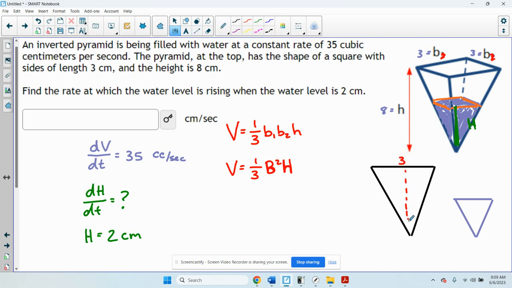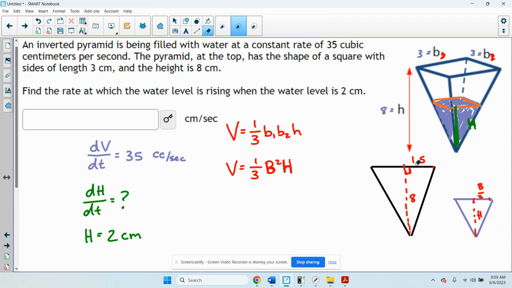It's not really perfect. And the height of it is 8, which means that the distance between the center and the edge is 1.5. I'm going to use this right triangle to come up with a relationship between the values of capital B, capital H, and these numbers. So if I look at the small pyramid, the height here is our H, and the distance from here to here is our B over 2.